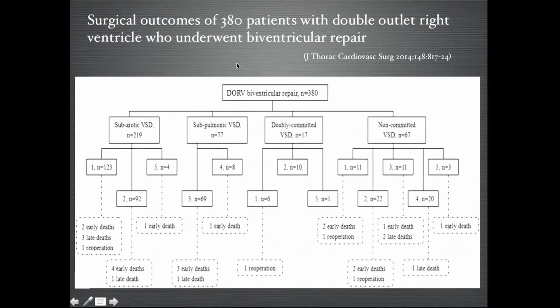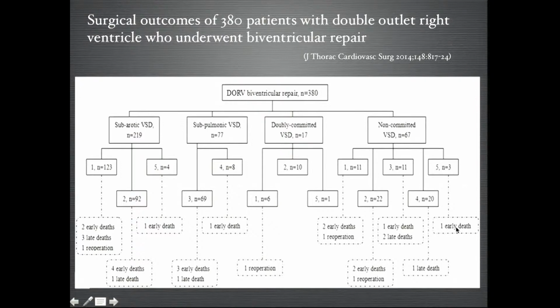This table also shows the subpulmonary VSD, DORV combined with TGA. Usually this is a subpulmonary VSD, treated with the arterial switch procedure and closing the VSD. A high incidence of non-committed VSDs also leads to a very bad situation with high mortalities.